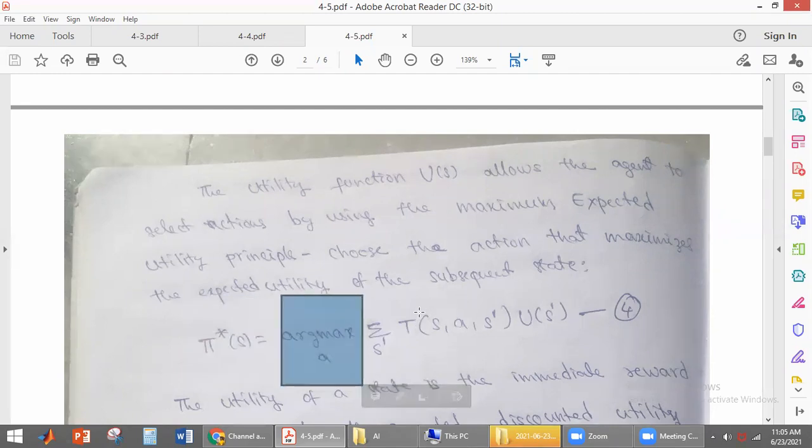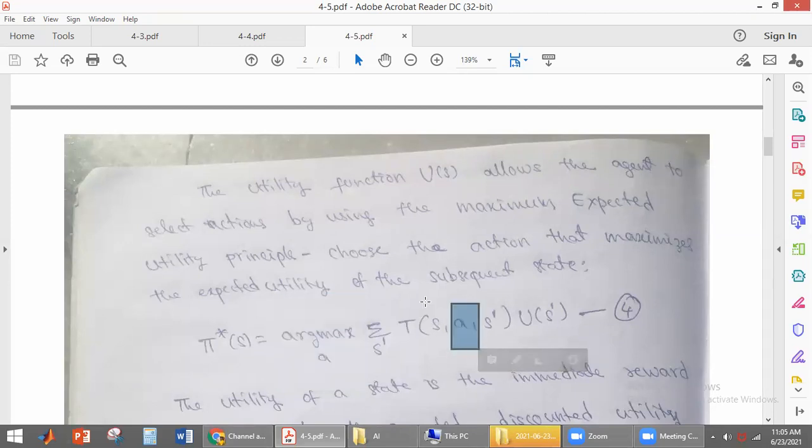By performing some action A, the agent moves from the current state S to the next state S dash with a probability. S is the current state and S dash is the next state. T is the transition probability, and then there is the utility of the next state.